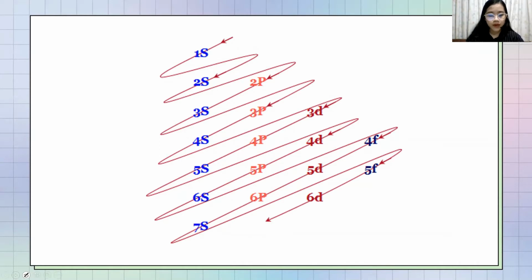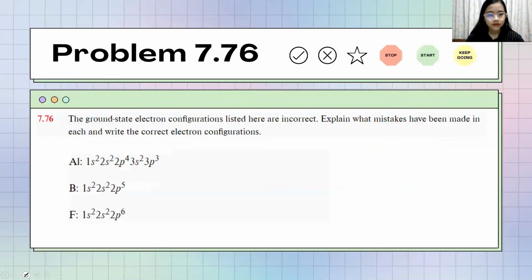So, going back to our problem, 1s2, 2s2, 2p4, 3s2, 3p3 is the electron configuration given for aluminum.